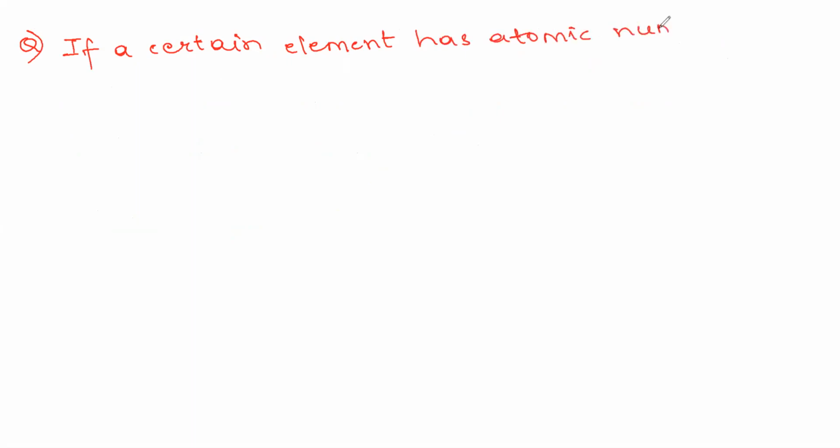Next question. If a certain element has atomic number 19, the element is. So they are asking about the nature of the element. Very simple question. First option, an inert gas.